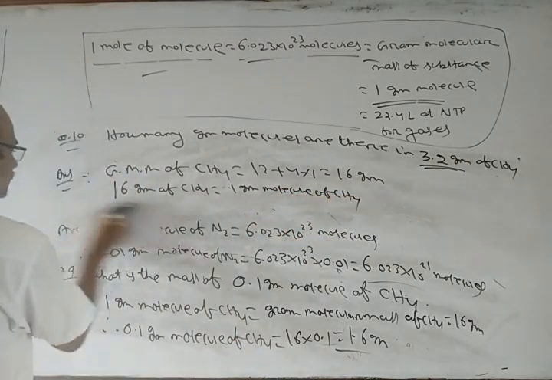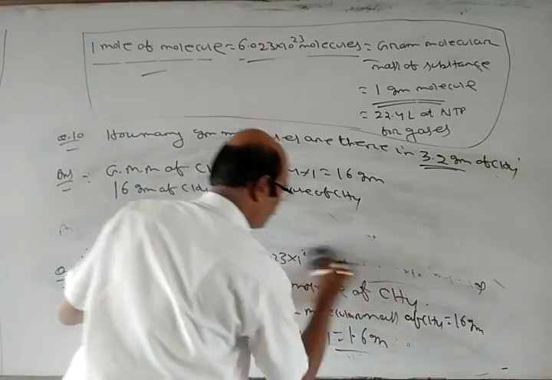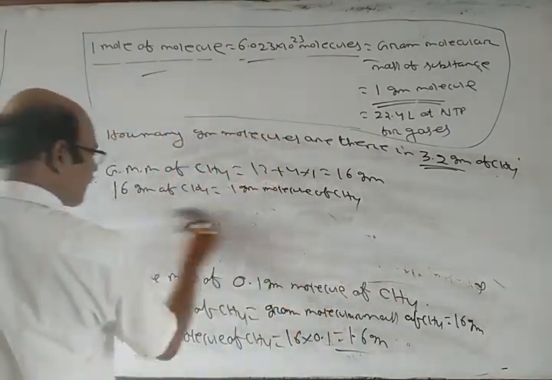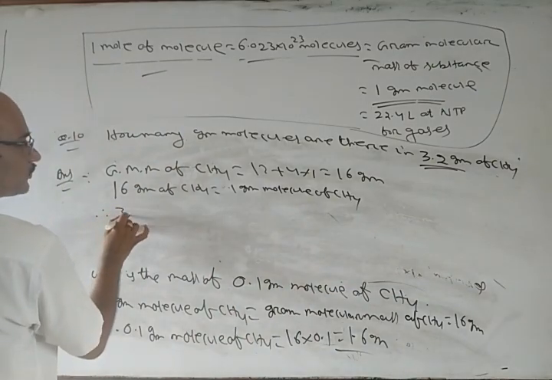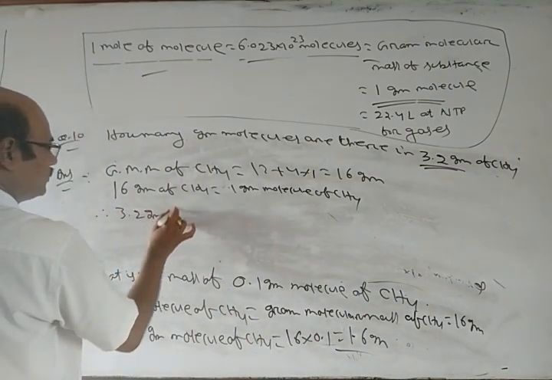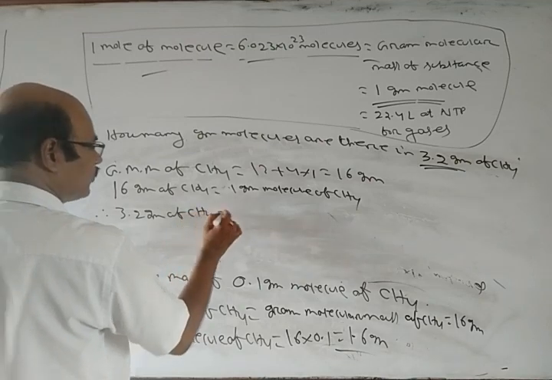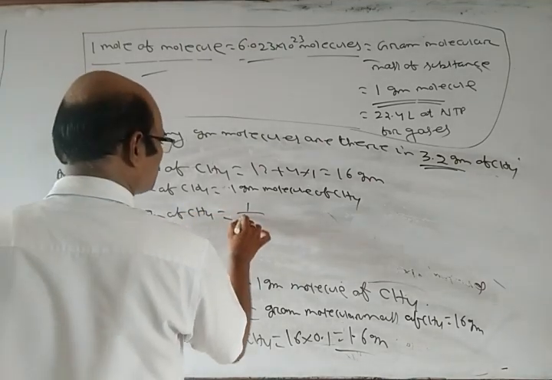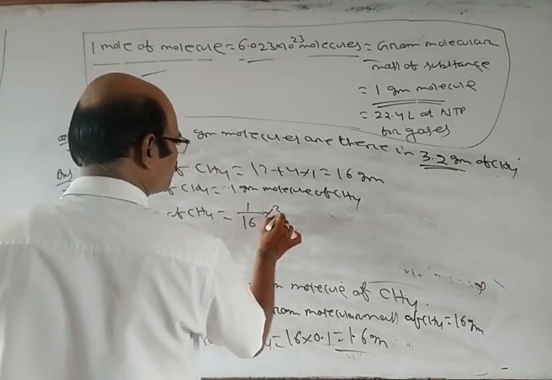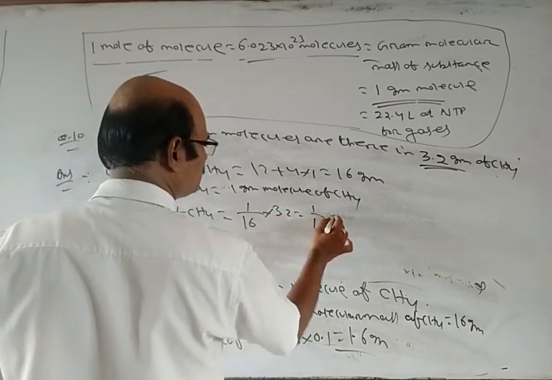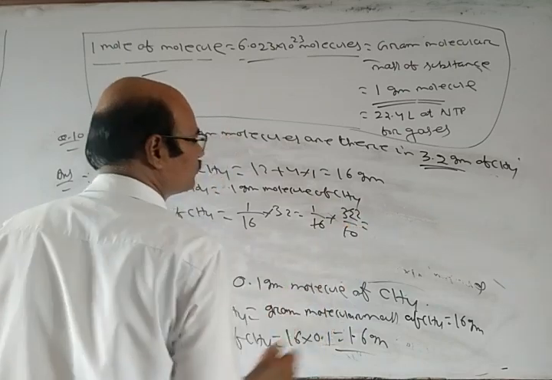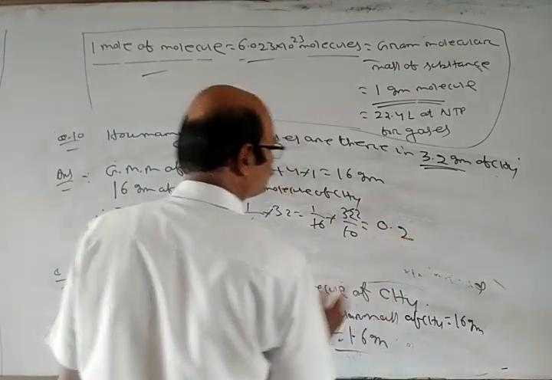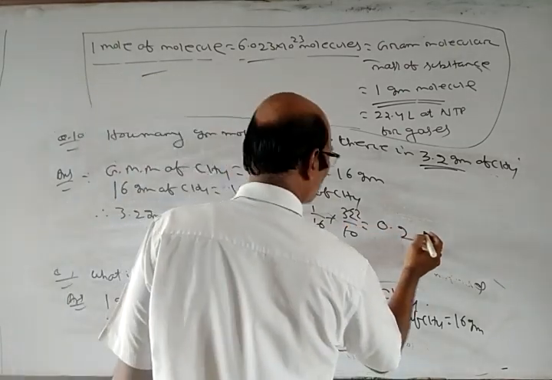Therefore 3.2 gram of methane equals 1 by 16 into 3.2, which is 1 by 16 into 32 by 10, equals 0.2 gram molecule.